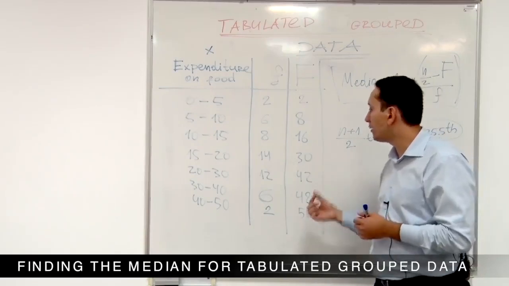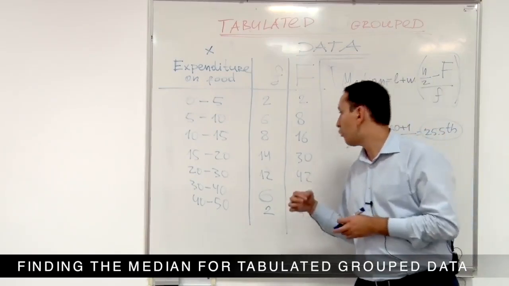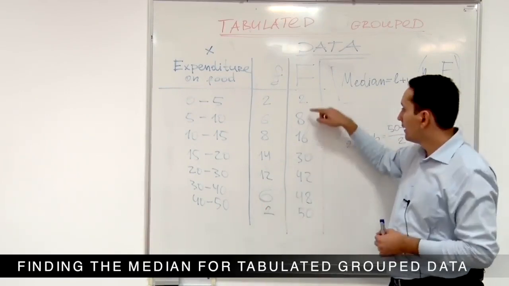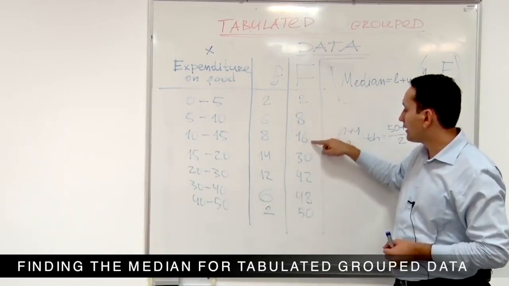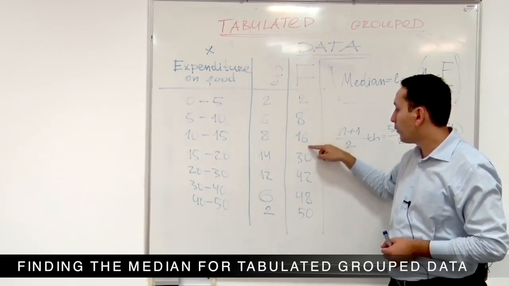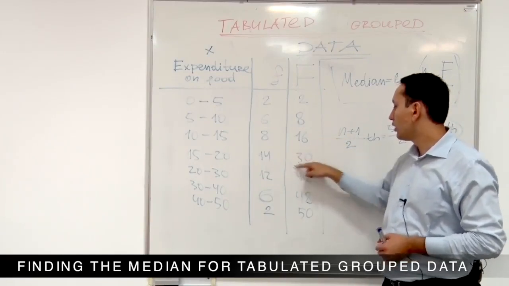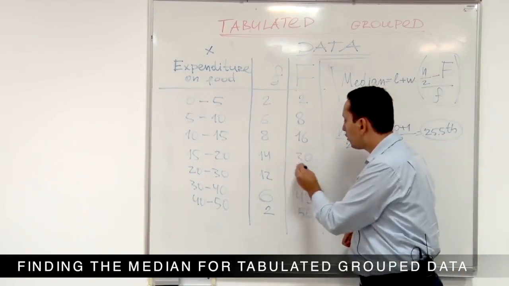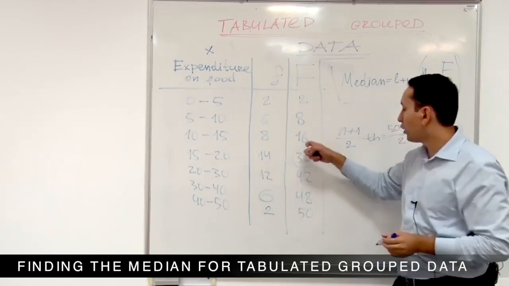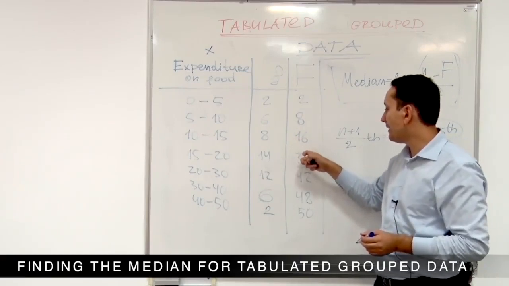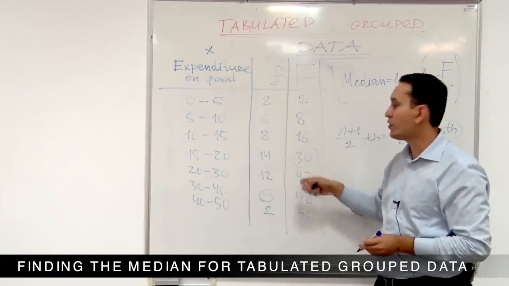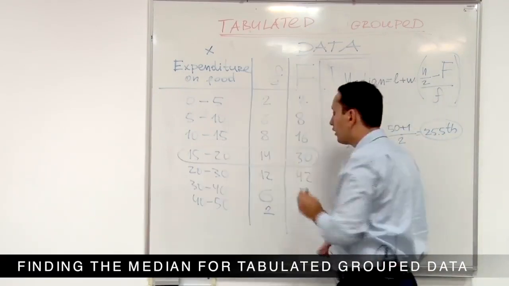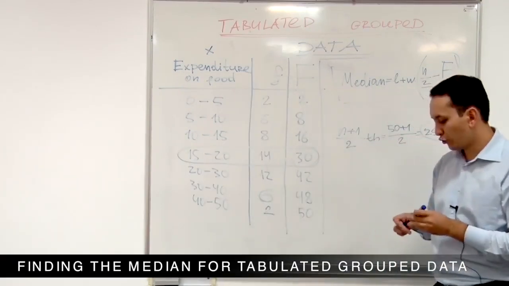Where does the number 25.5 lie? It's not here, not here, not here, so it has to be somewhere in this group. Why? Because here we have all the numbers from 17, 18, 19, 20, up to 30. So it should be this group. So we call this the median group.